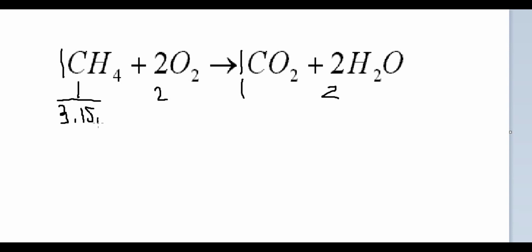I don't know if that's right, but just for practical purposes, we're going to say it's 3.15 moles. From that, we can say that ideally there should be 6.30 moles of oxygen. And that's not always the case.